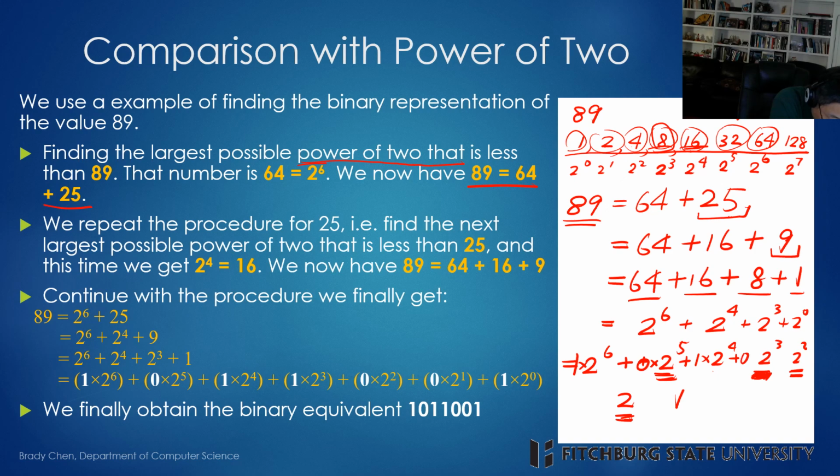Then we can say it's 0 times 2 to the 3 plus 0 times 2 to the 2, which is 2 squared, right? And then plus 0 times 2 to the 1 and plus 1 times 1, which is 2 to the 0, right? So we can actually write 89 in terms of the sum of powers of 2.